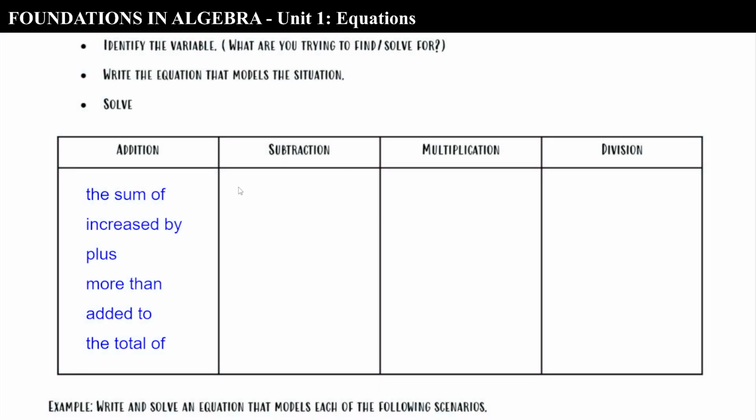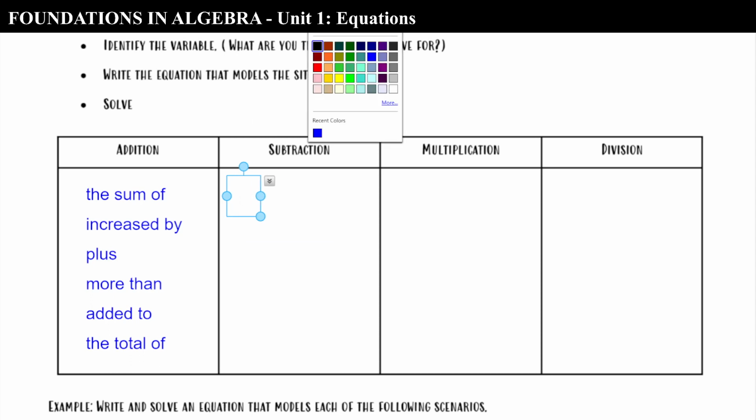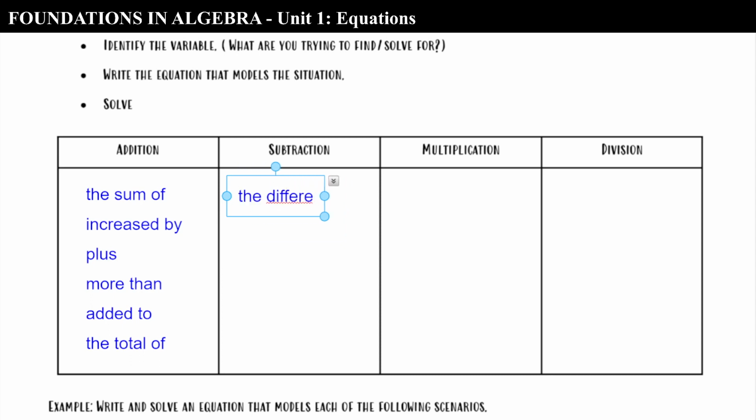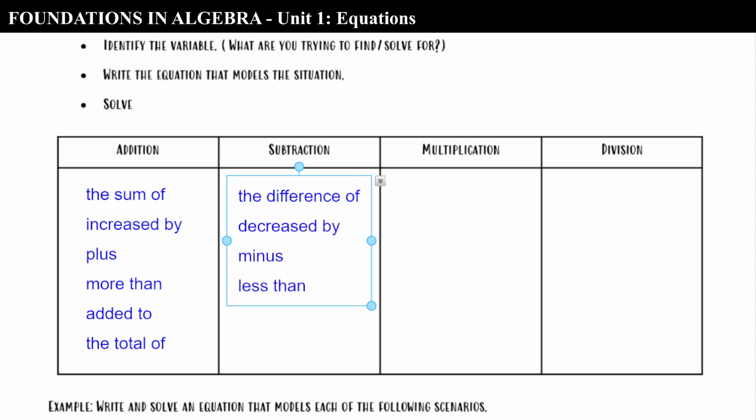Okay, what about subtraction? Well, we have phrases such as the difference of, decreased by, minus, less than, or subtracted from. For multiplication, our list is a little bit shorter, but not significantly so.